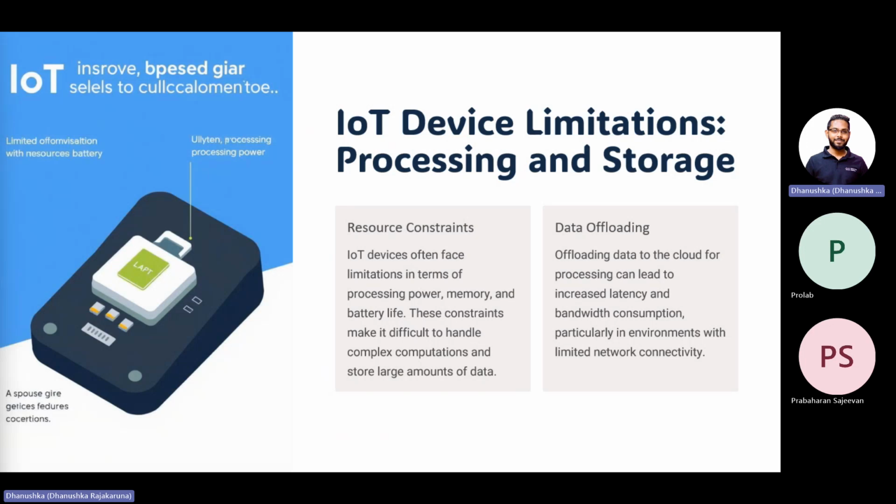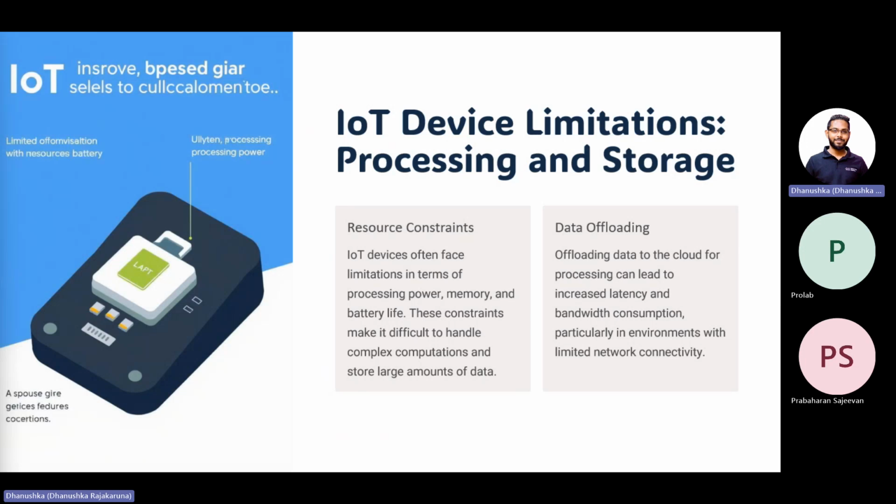This strategy alleviates resource constraints and enhances system performance. The benefits are processing efficiency, extended device lifespan, scalability, and real-time analytics. Methods of data offloading are edge computing, fog computing, cloud offloading, and peer-to-peer, or P2P.